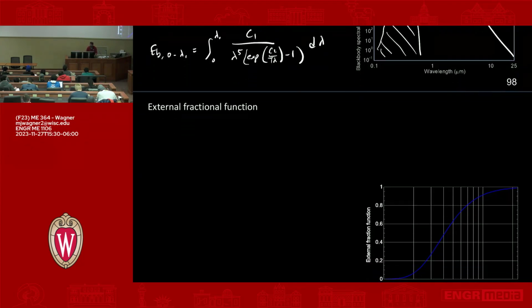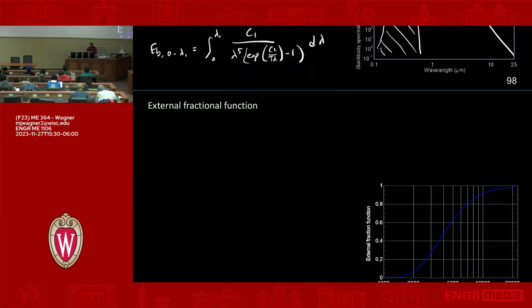But the basic idea is that we're going to compute something called f, so f from 0 to lambda 1. That's going to be the fraction of light, or the fraction of energy, power let's say, that's contained in the band from 0 to lambda 1, that wavelength band.